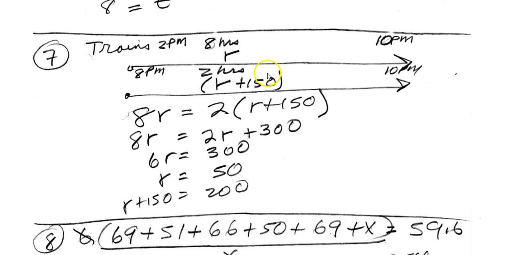And the distances are the same. So this is distance, time times rate, or rate times time. Again, rate times time. These distances are the same. Clear parentheses, solve for r. The rate was 50 of the slower train. The faster train was 150 miles per hour more. That was 200.